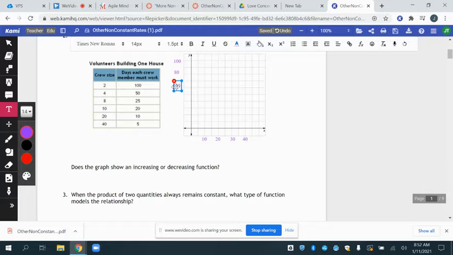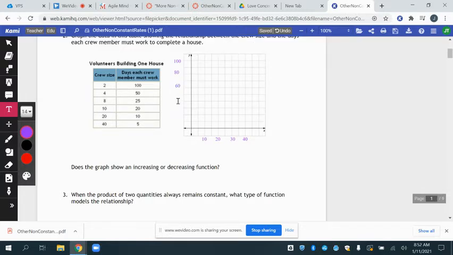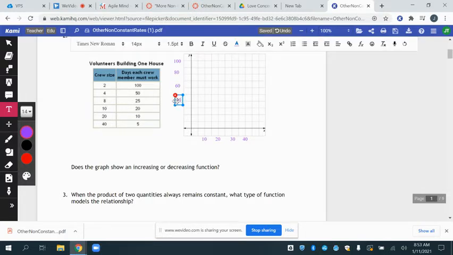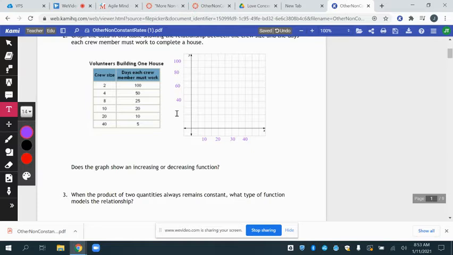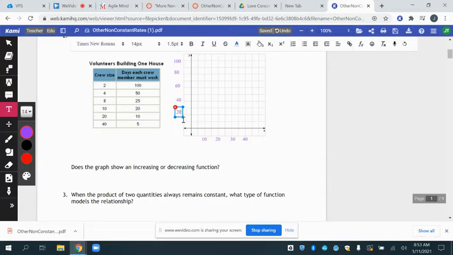All of this work is just to make sure that we can fit all of the numbers on in a nice, comfortable way. There's that one, and that one, and that one, and that one, and there. Now we have a graph set up.